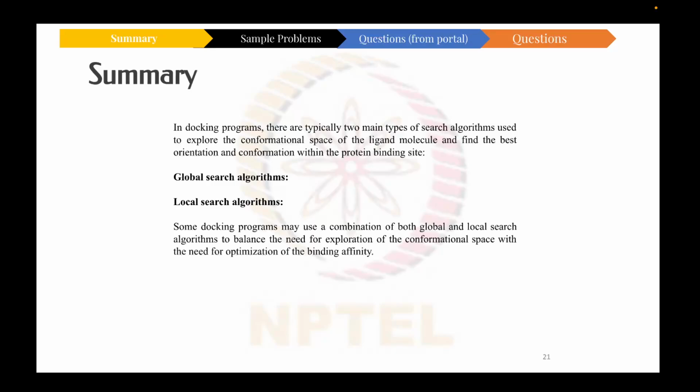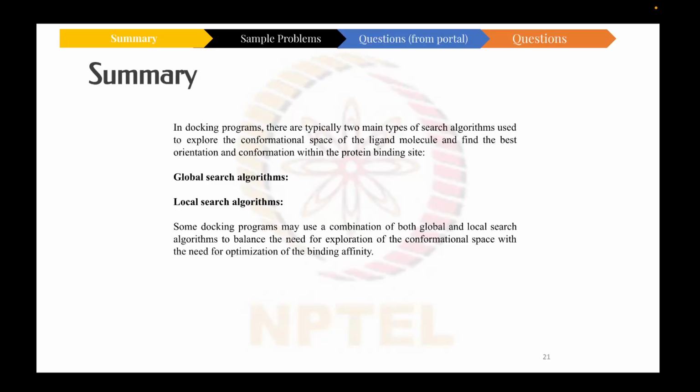Then we have local search algorithms, which refine the binding mode and enhance the ligand's binding affinity within the binding site. These algorithms may work by making small adjustments to the ligand's position, orientation, or conformation and assessing the resulting binding affinities. Local search methods encompass gradient-based optimization, quasi-Newton methods, and stochastic optimization.